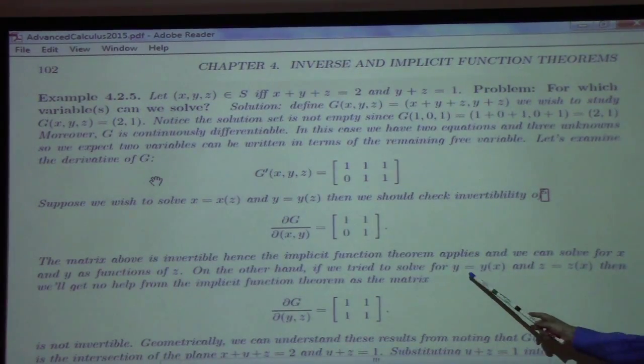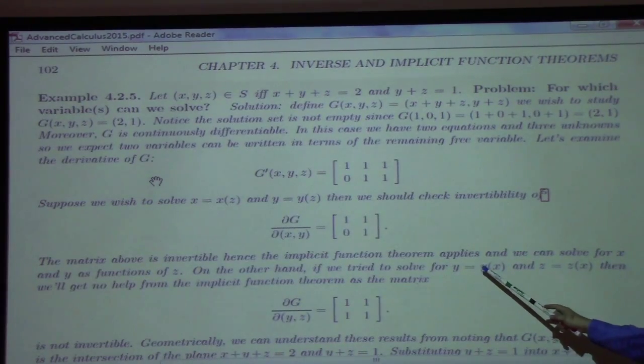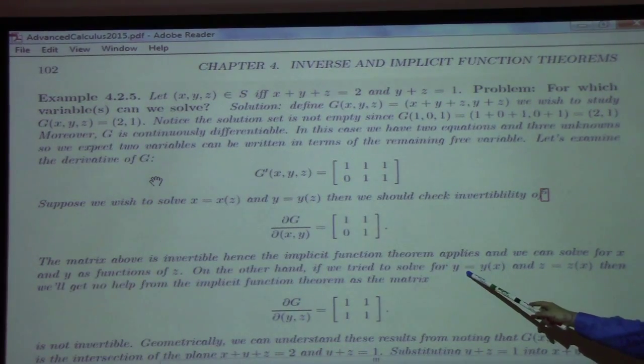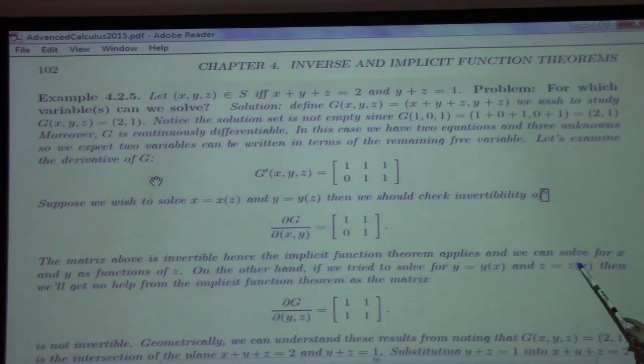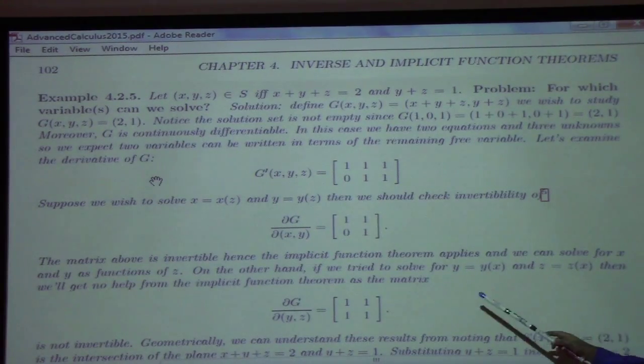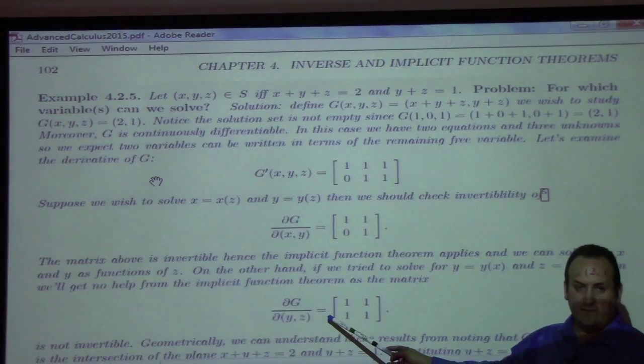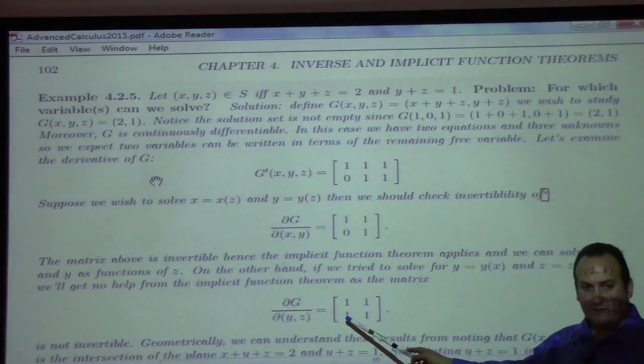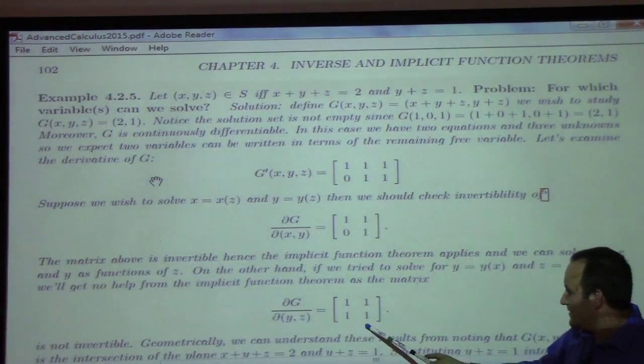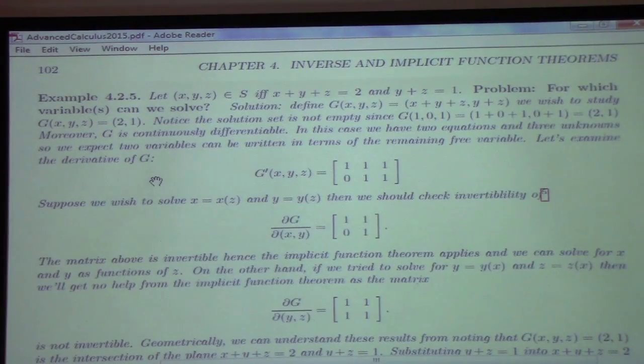What if we try to solve for y as a function of x and z as a function of x? Then we'd need invertibility of this matrix. To quote my community college instructor, this dog will not hunt. You can't do that. It's clearly not an invertible matrix, corresponding to the fact that you cannot write y as a function of x and z as a function of x.